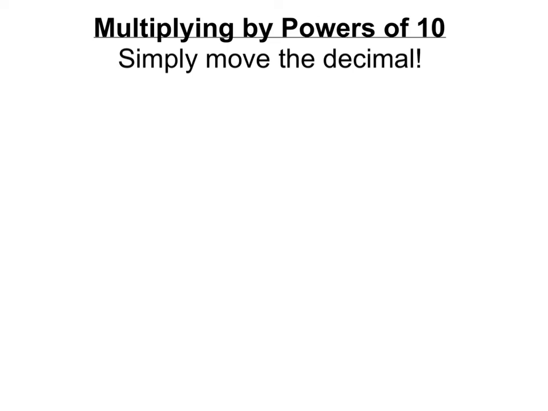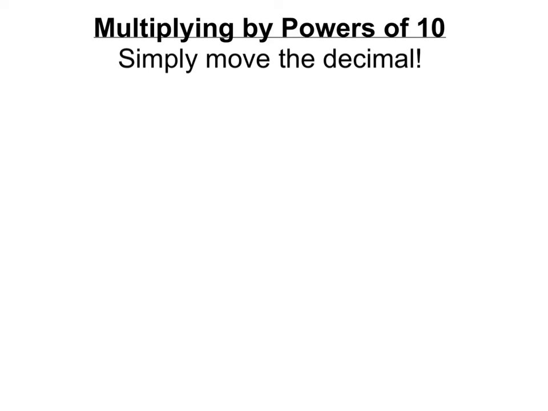Our number system is based on 10, which means that each of our place values is a power of 10. So 1's a power of 10, 10 is obviously a power of 10, 100, 1,000, 10,000, 100,000, million, and on and on and on. Each of them is a power of 10.